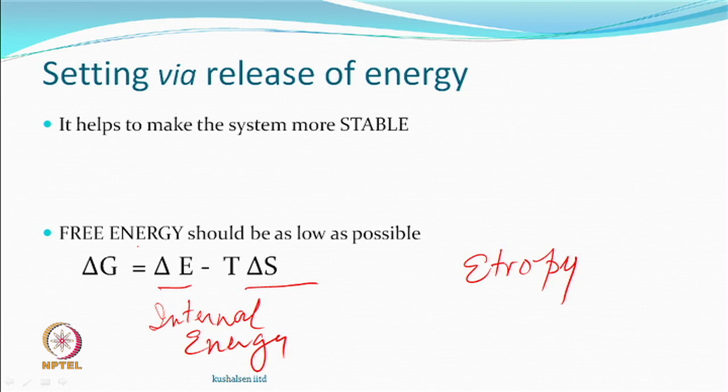Then there is another component which is called the entropy. The entropy must increase. Whenever you see whatever thing happens, the randomization is preferred. That is the thermodynamic part of it.